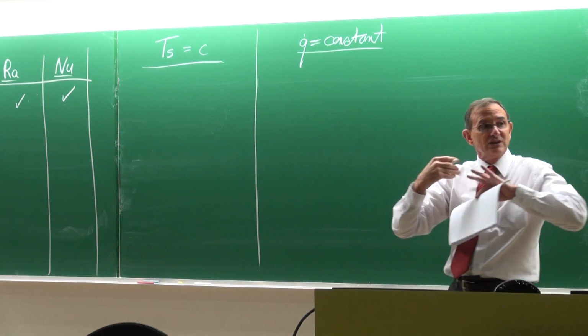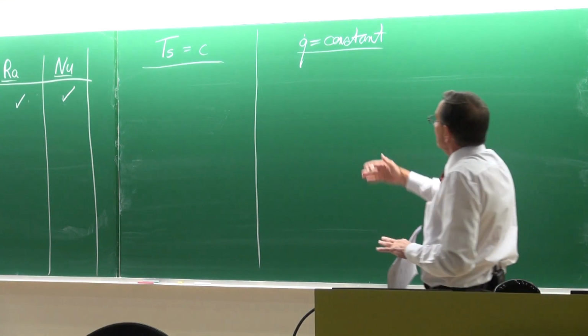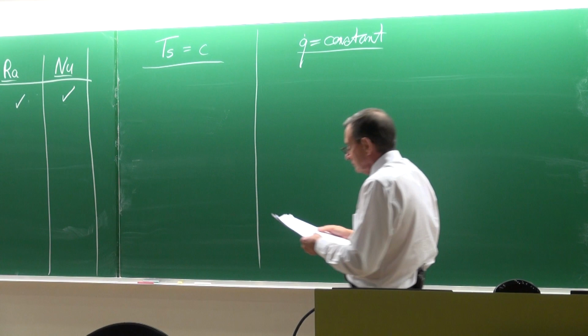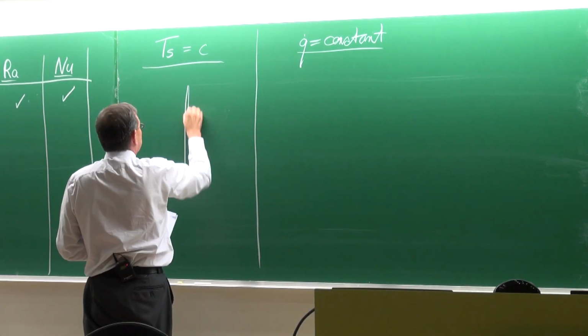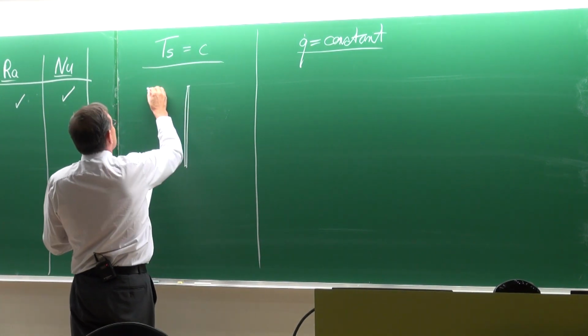Normally, when we've got electrical heating or a nuclear reaction, then we've got a surface where the heat flux is constant.